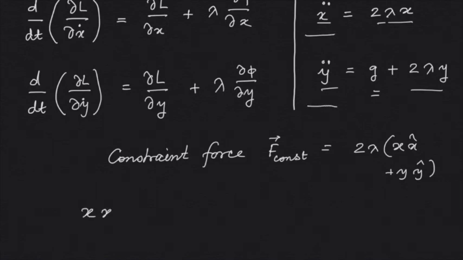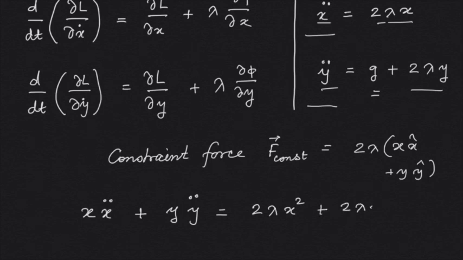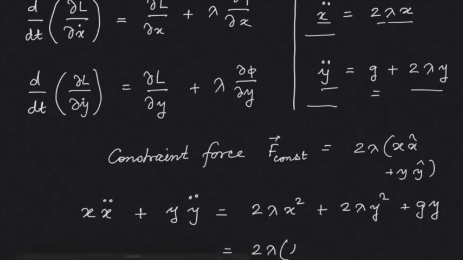So I get xẍ plus yÿ, and I have multiplied this with x, so I get 2λx², and this with y, so I get 2λy² plus gy. And you immediately see that on the right-hand side, x² plus y², I can write L² for that. That is where I can use one of the constraints.